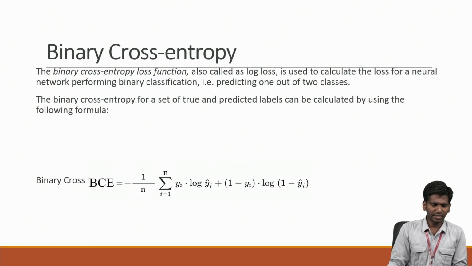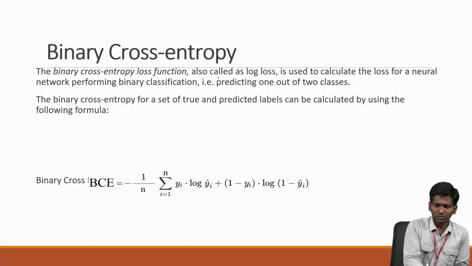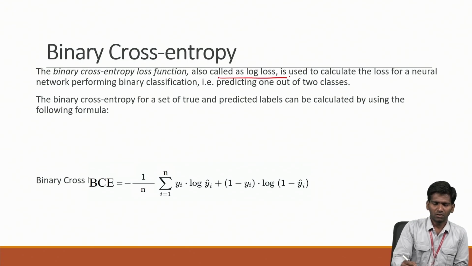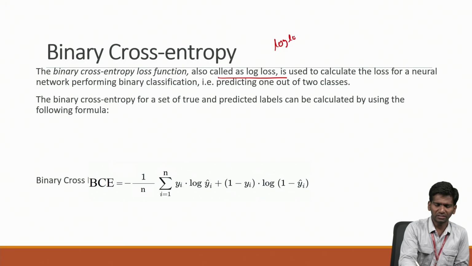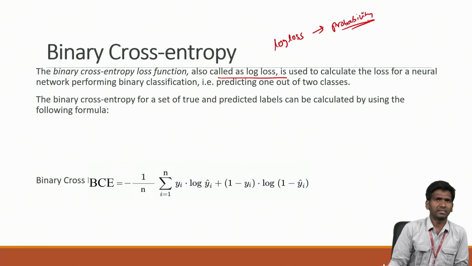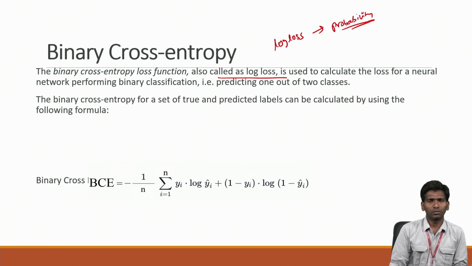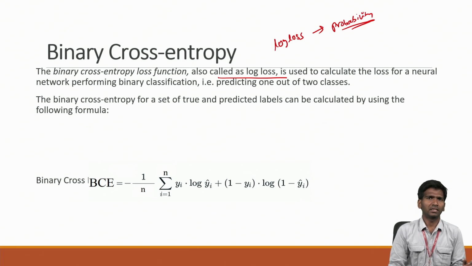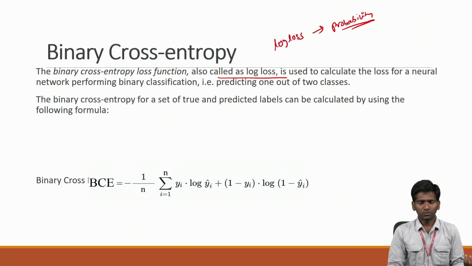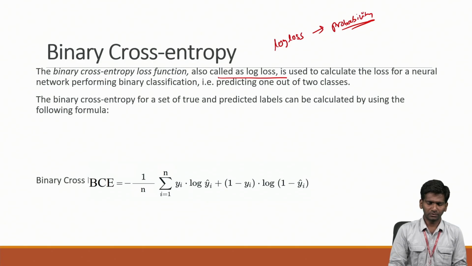Next, binary cross entropy. So what is binary cross entropy? This is also called log loss. When do we use log loss? When there is a probability, probability type of conditions, such as whether it will rain or not, whether it will be sunny or not. When there is a probability type of situation, we can go with binary cross entropy, which is nothing but log loss.